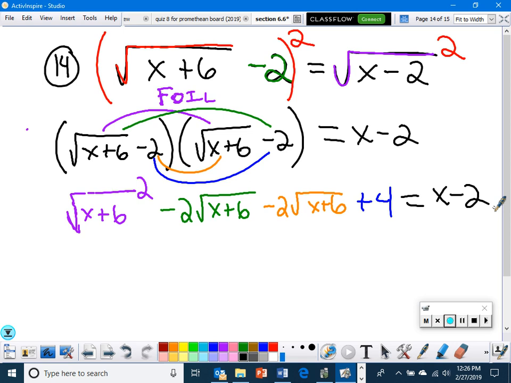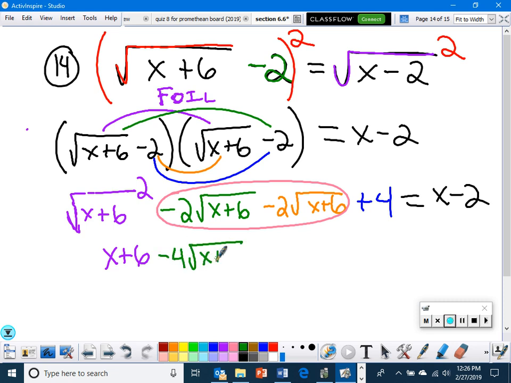Okay, now I'm going to start simplifying what I can simplify. So the x plus 6 squared becomes just x plus 6. Okay, these can be combined. So that is going to become minus 4 square roots of x plus 6 plus 4 equals x minus 2.